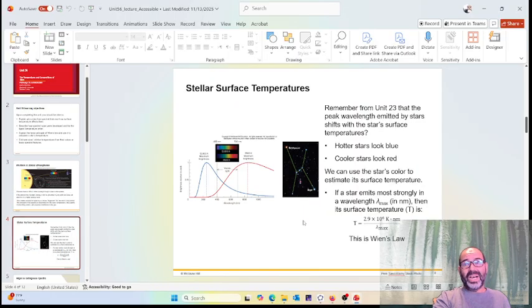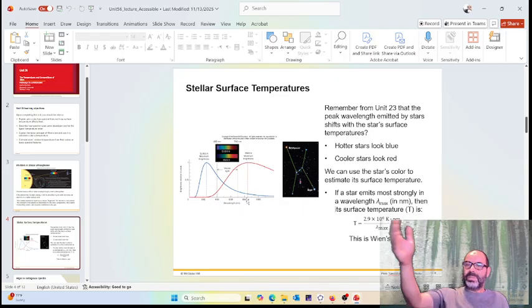If I look with the naked eye at Orion, for example, we see Betelgeuse on this side appears reddish in color, whereas Rigel appears blue on the opposite side of Orion. But if I run it through a spectrometer, the peak wavelength for Betelgeuse is not exactly at the red, but actually in the infrared, around 900 nanometers.